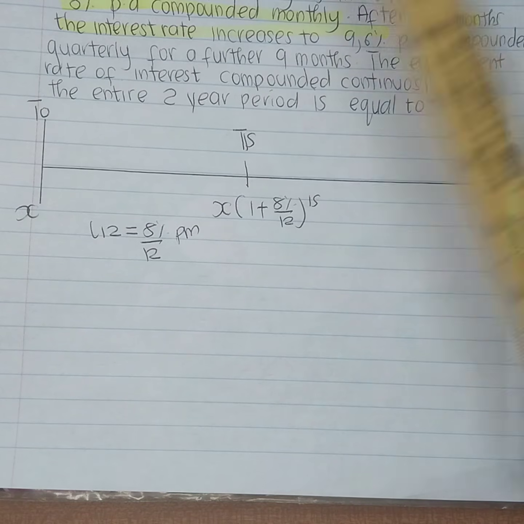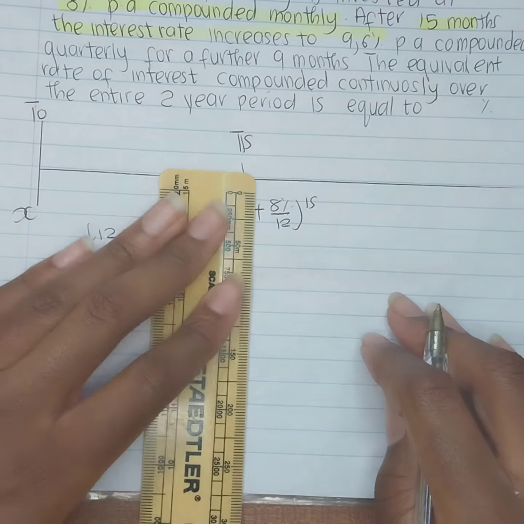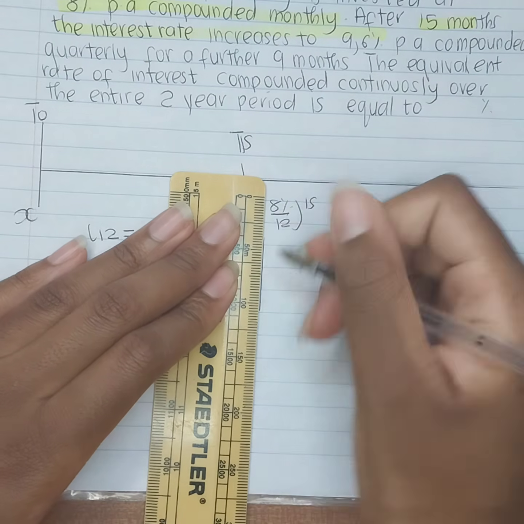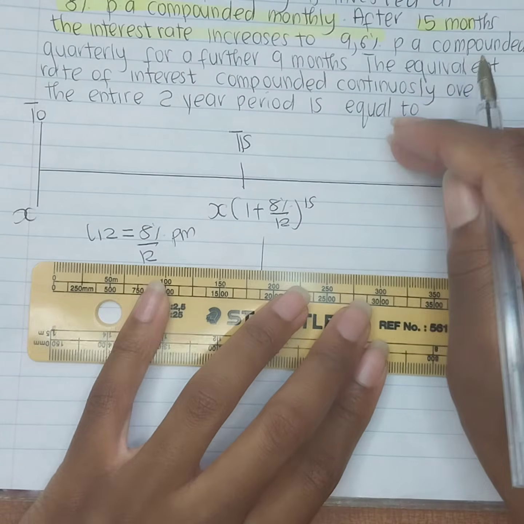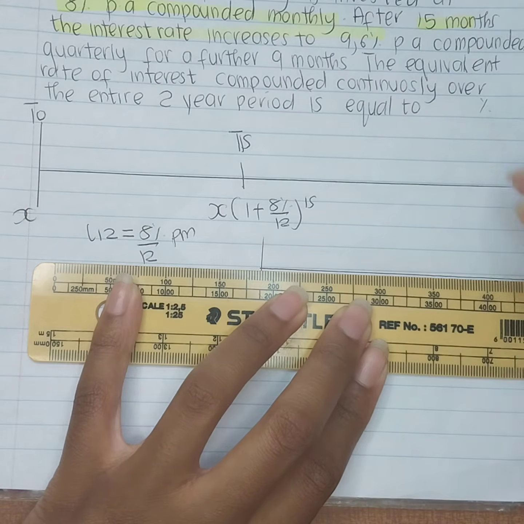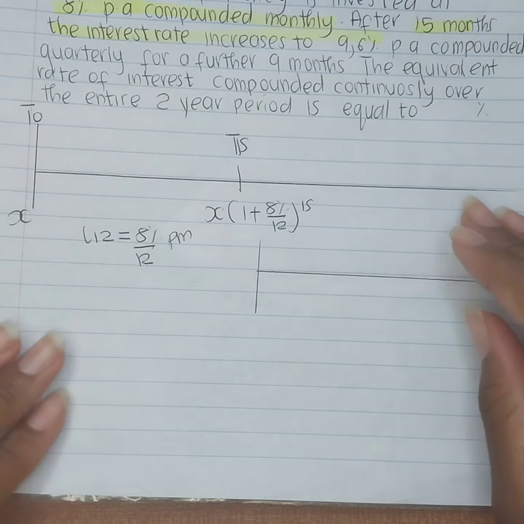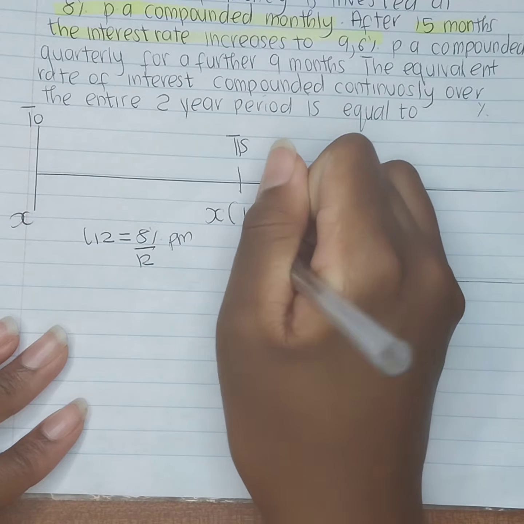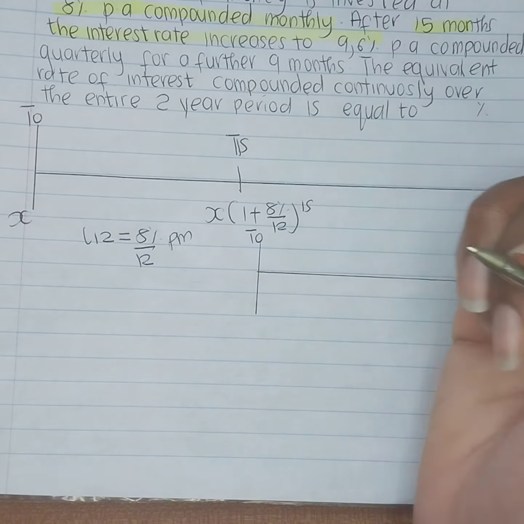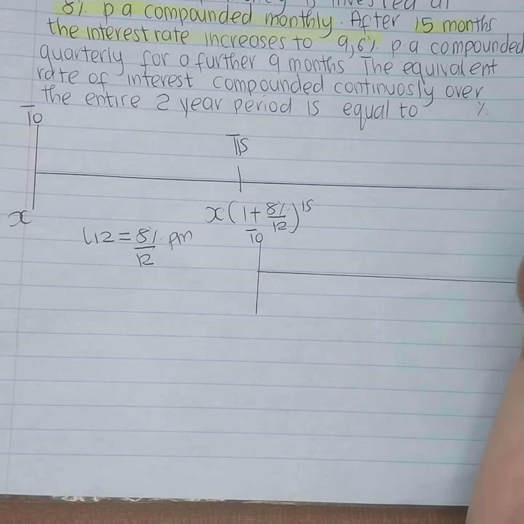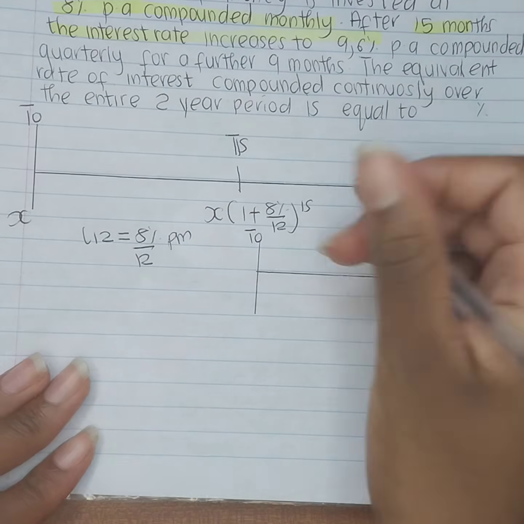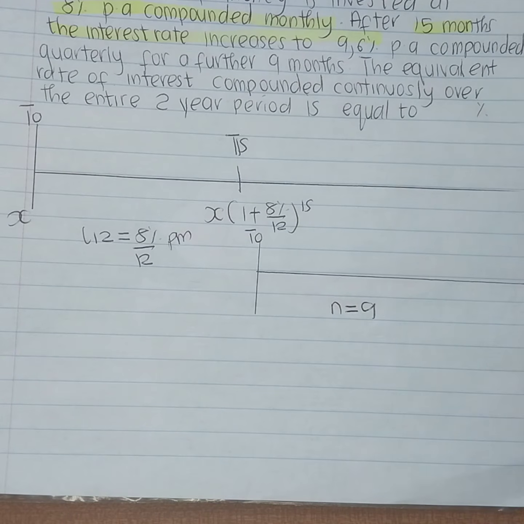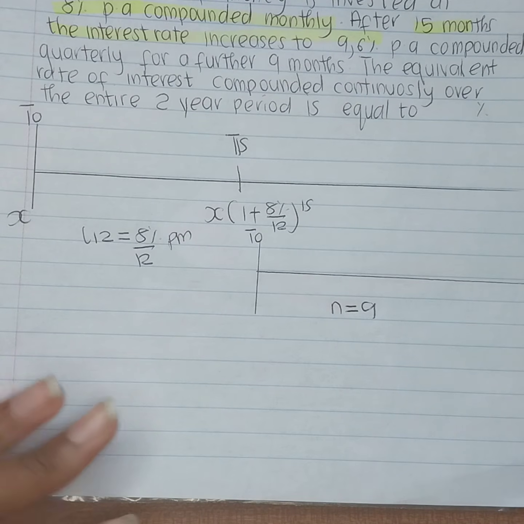Now after 15 months, the interest rate changes and it is now compounded quarterly. So we have a new timeline T0 and it is compounded quarterly for a further 9 months. 9 divided by 3 is 3, right? So N is 3. In the 9 months we have 3 quarters. N is equal to 3.